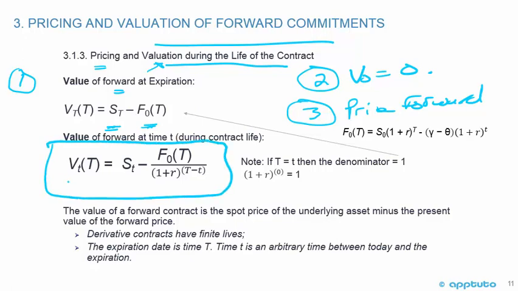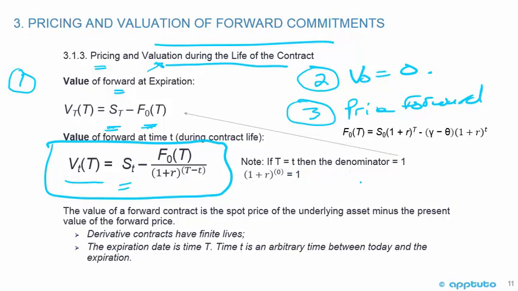So here's the formula. Here's the value at time t, okay? The value at time t equals the spot price at time t minus the forward price, which doesn't change, but we're taking the present value of that forward price. So it's 1 plus r to the T minus t, okay? One thing to note here is that if t equals T, when it's at expiration, then the denominator is going to equal 1.